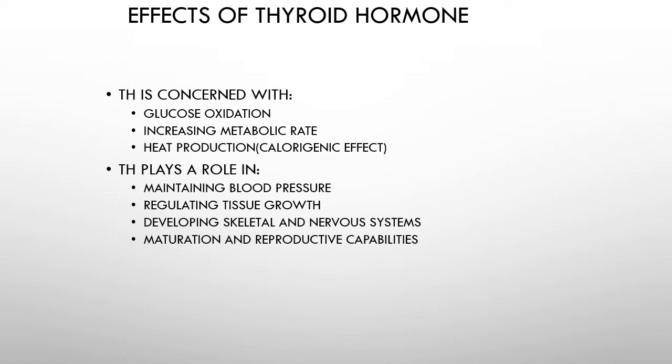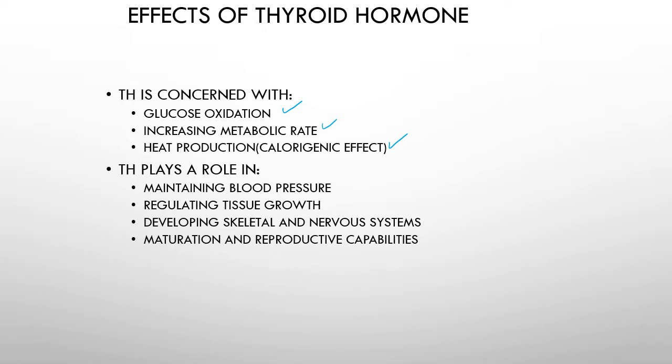It's all about increasing the metabolism of the body. It's going to increase our glucose oxidation, so we get the ability to utilize that glucose and make our ATP. It increases the metabolic rate, so if we've increased energy to the cell, we can increase what the cell actually has the ability to do. And in the process, we have heat production.